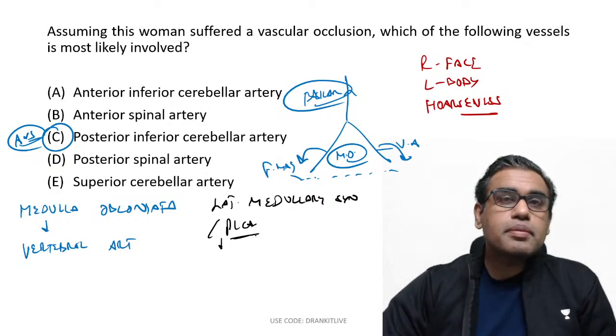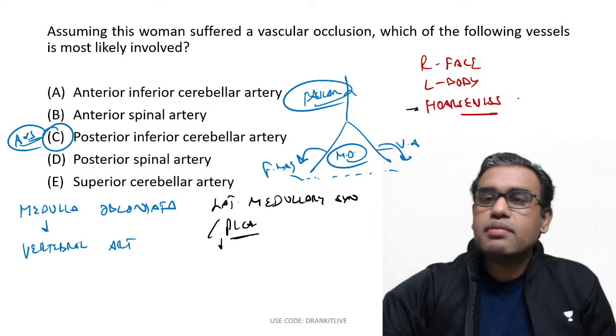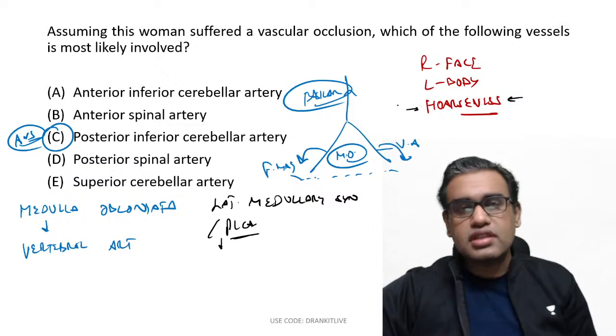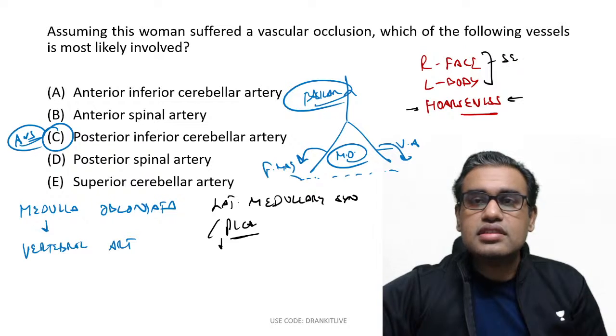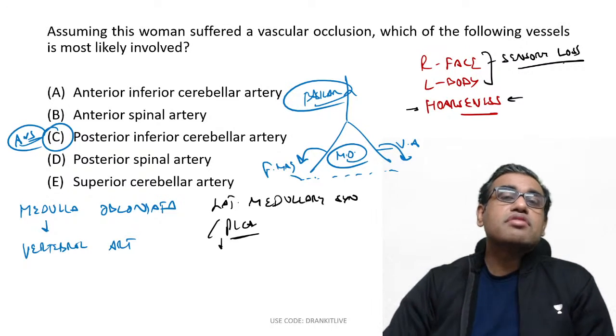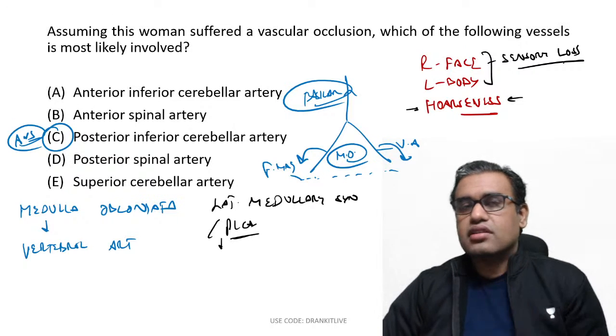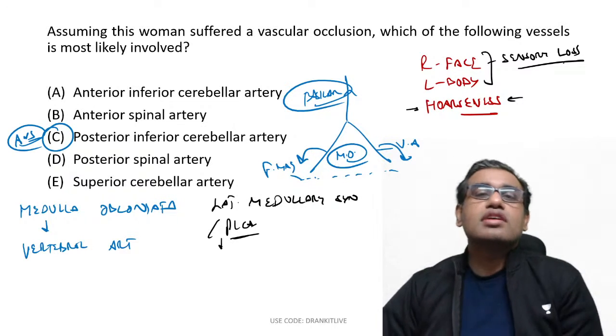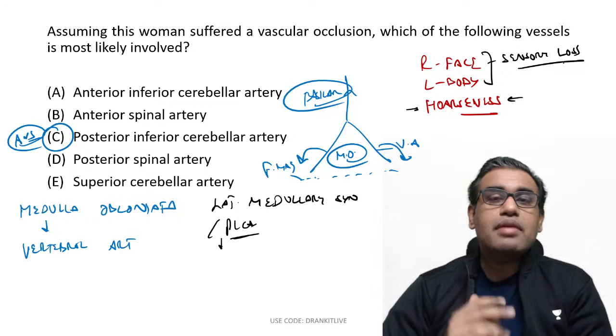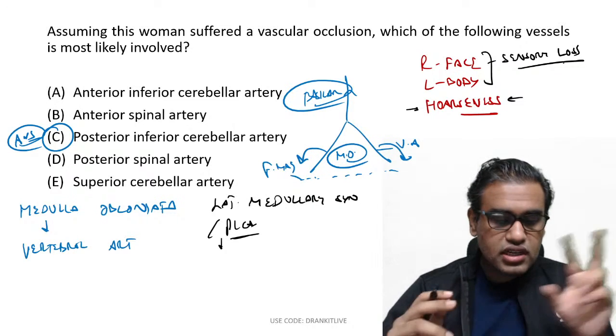So try to understand that hoarseness is a very important point by which you are able to make the diagnosis. Not just hoarseness, there are also sensory changes, sensory loss mainly of pain and temperature in the face and the body. The name was anterolateral tract. So the word lateral is telling you it is lateral medullary syndrome. Why medullary? Because of hoarseness.